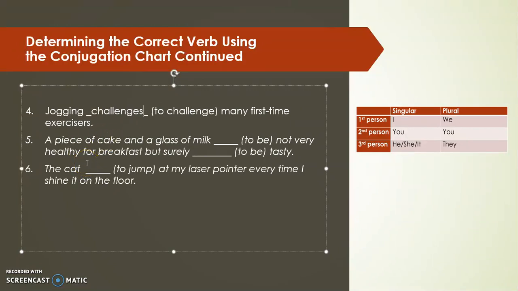A piece of cake and a glass of milk is going to be they, right? So we're going to put are, because if you conjugate it, I am, you are, he, she, it is, we are, they are. So a piece of cake and a glass of milk are not very helpful for breakfast, but surely are tasty.